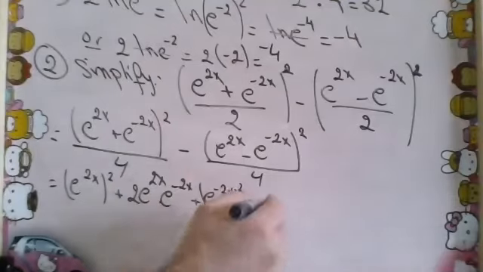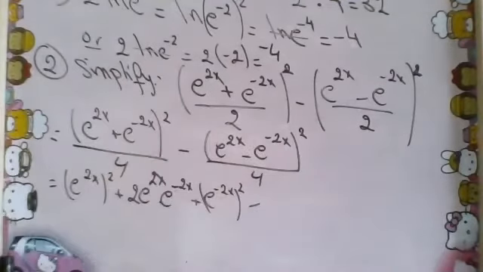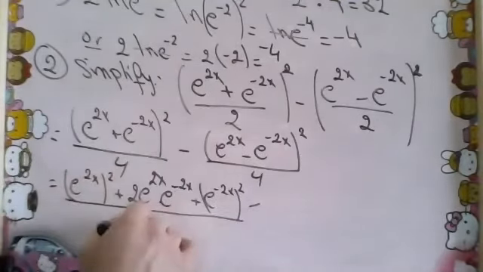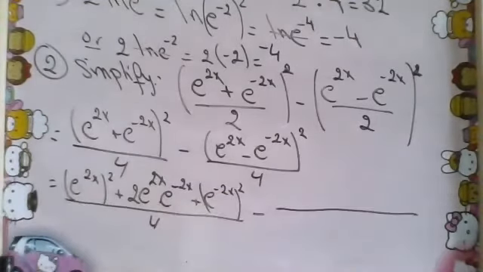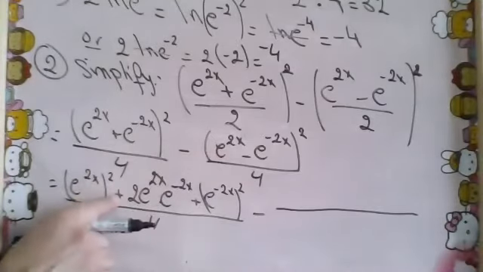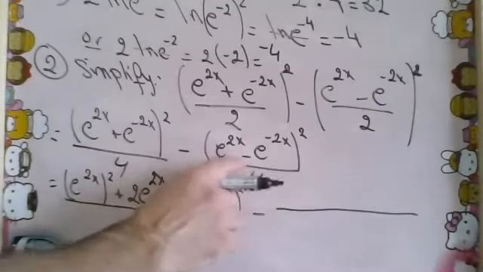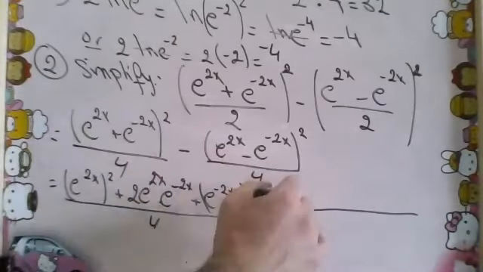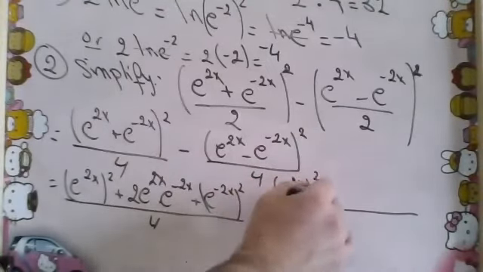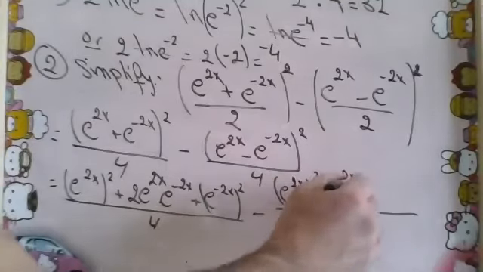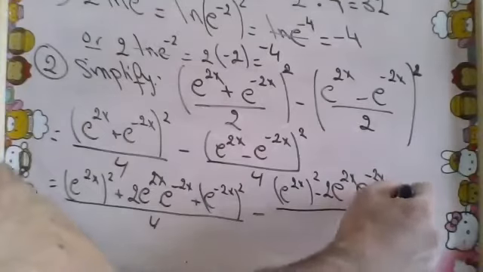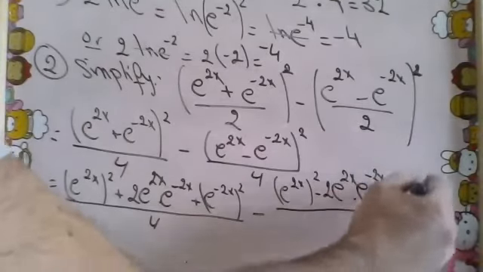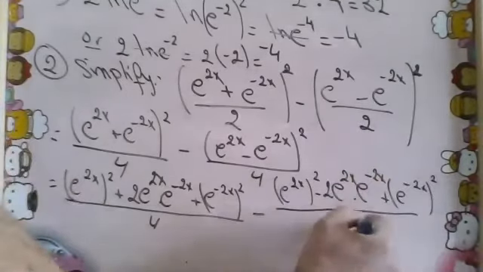Minus, the same thing over 4, but here it will be minus because it's minus 2ab. So we write e to the power 2x squared minus 2 e power 2x e power negative 2x plus e power negative 2x to the power 2 over 4.